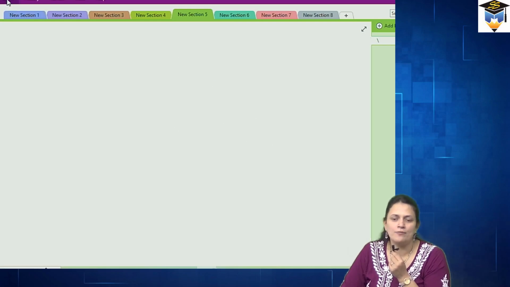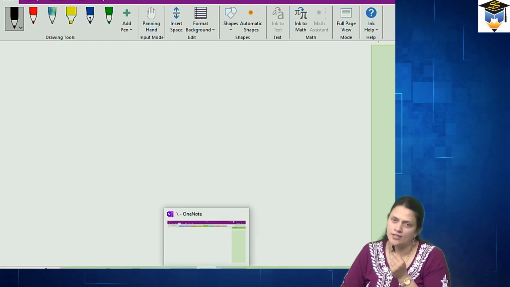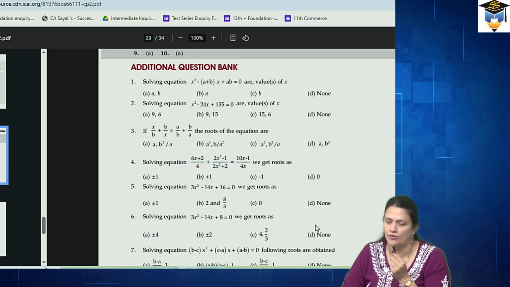From the additional question bank, how many sums have you solved? Not even one. Hitesh, all you have solved? You have the answers with you? Substitution करके ही किया है. Okay. So good.